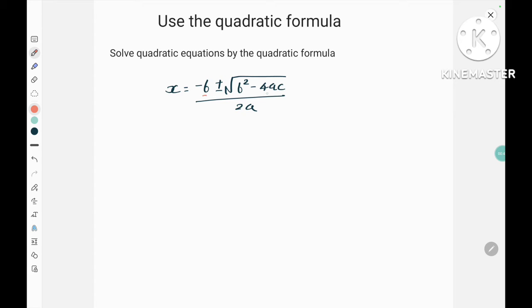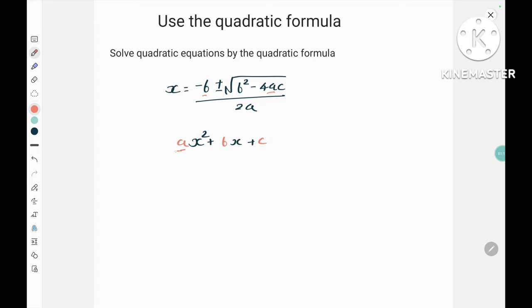Okay, now what do a, b and c stand for? Let's see the standard quadratic equation: ax square plus bx plus c.